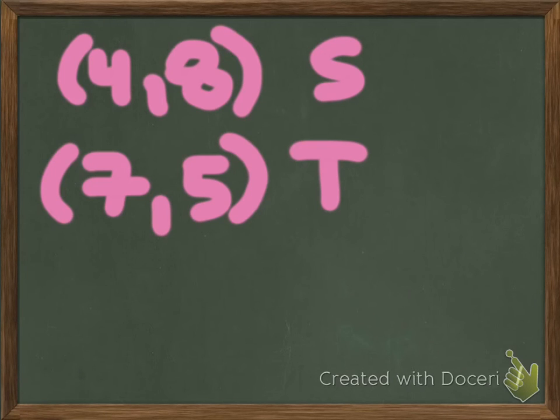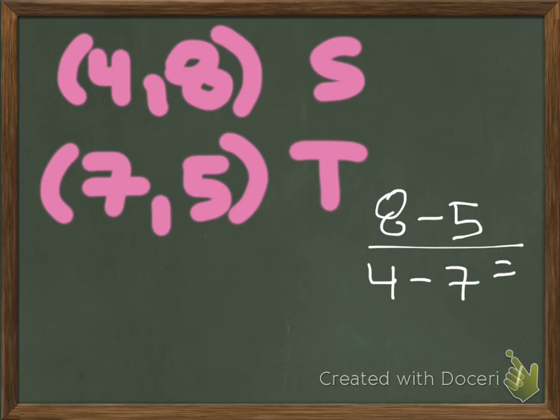So we need to find the slope, and then we can pick a point and use either point for point-slope form. But the first thing we need to do is find the slope. So we have 8 minus 5, subtract the y's over the x's, and I get 3 over negative 3, which simplifies to negative 1. So my slope is negative 1.